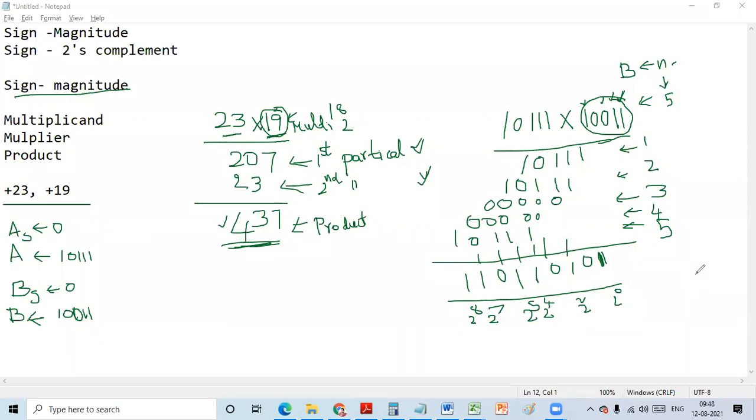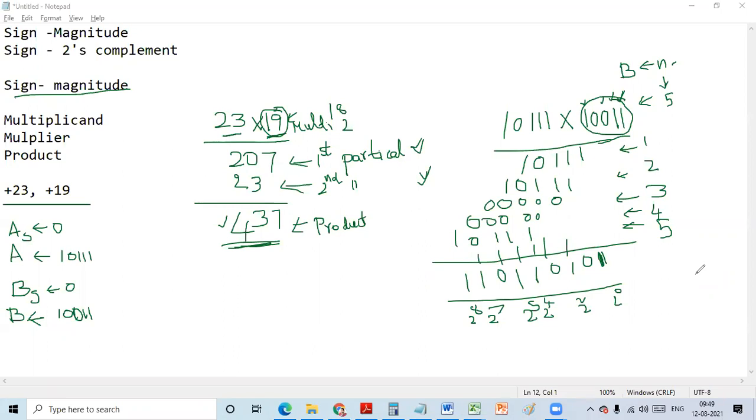Right? So by observing this procedure, what we are doing is looking at the successive bits of the multiplier, considering the least significant bit first. If the multiplier bit is 1, the multiplicand is copied down. Otherwise, zeros are copied down.